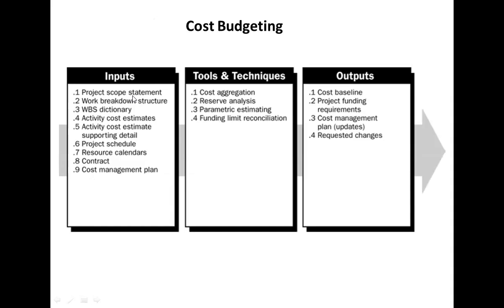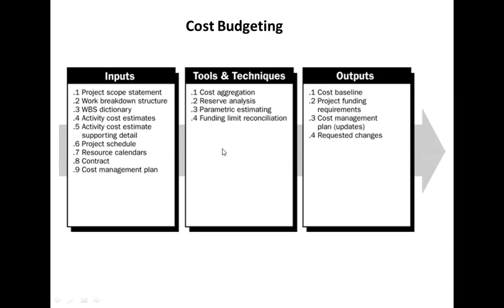So we have to have the scope related documents, scope statement, work breakdown structure, WBS dictionary, and activity cost estimates from the previous process group, and activity cost estimate supporting details, and the project schedule developed in the time management, and the resource calendars, contracts, and cost management plan. So those are the inputs.